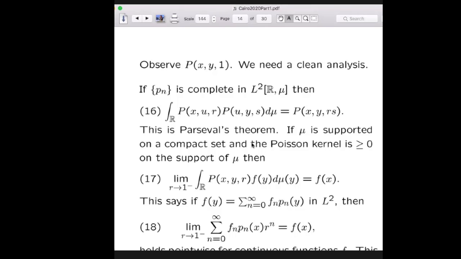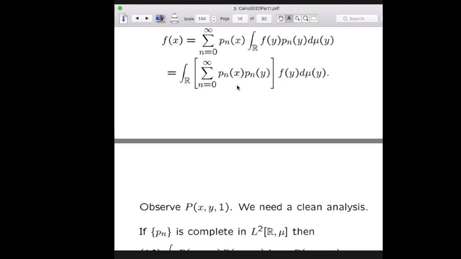What is also true is that if I take the Poisson kernel at r, integrated against f(y) dmu(y), look at this, and let's go back to what was here. It was exactly the same, except the r^n is not there.